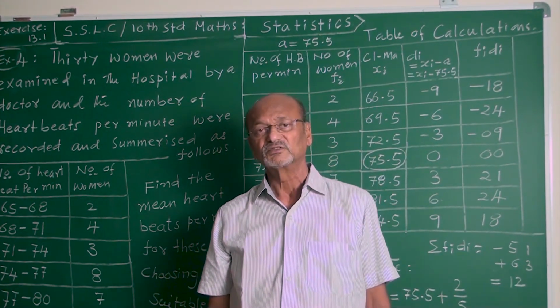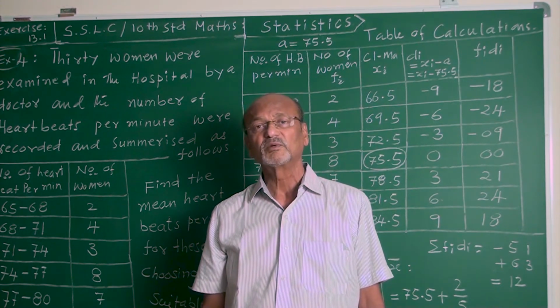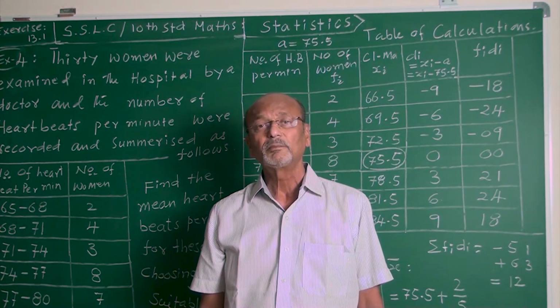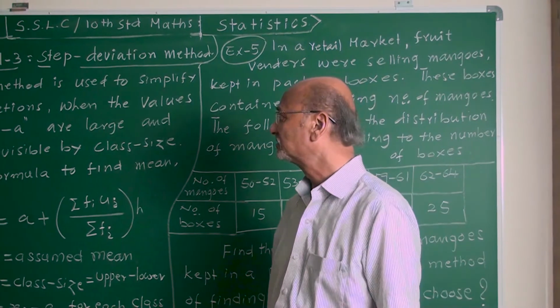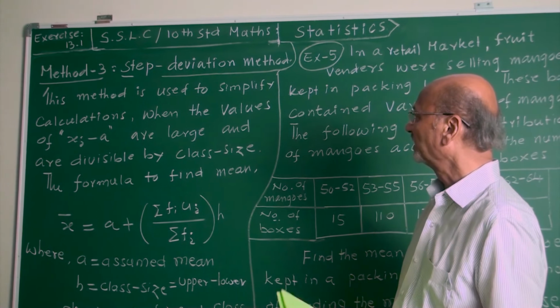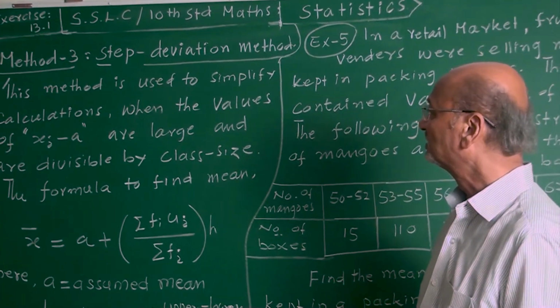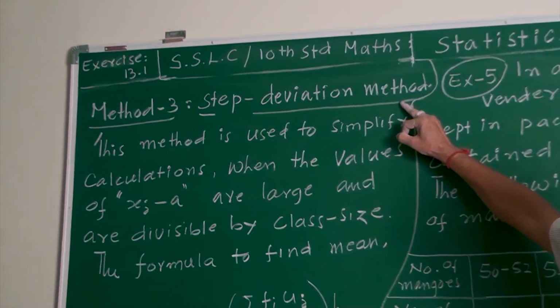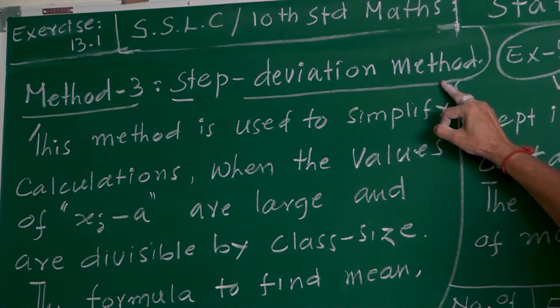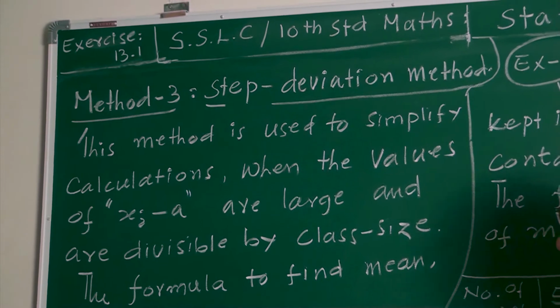Yes, my friends. Now, I will first explain what I mean by step deviation method. Here I am explaining method 3. That method 3 is known as the step deviation method.